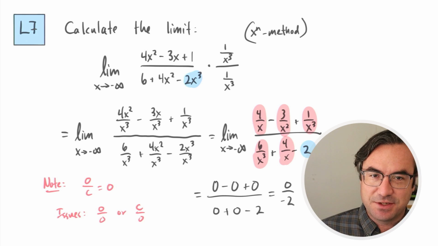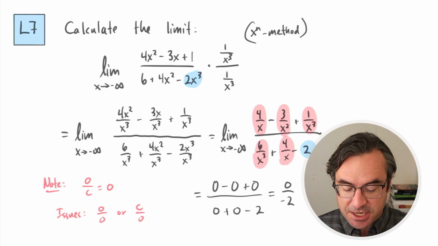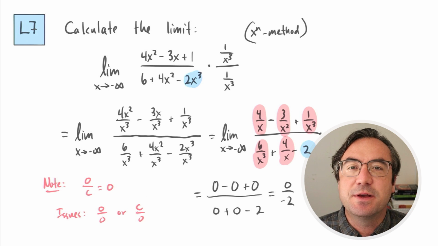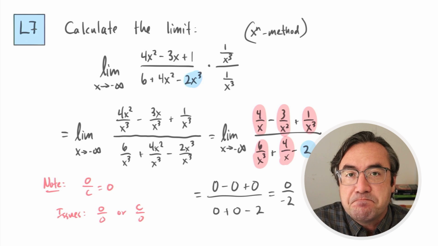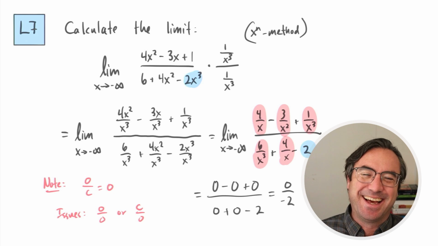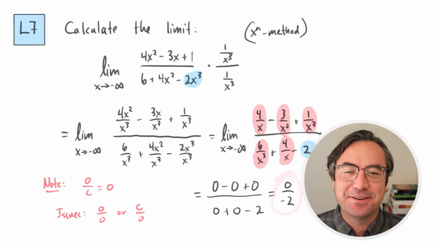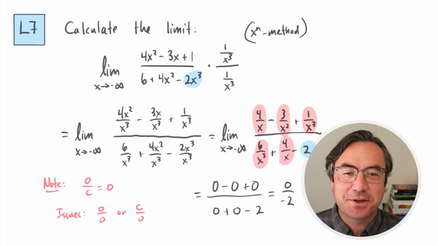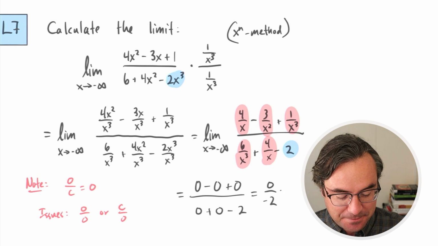We know 0 over 0 is a whole different game. C over 0, if that's our limit, then it's either plus or minus infinity. But 0 over c is a perfectly good number. So 0 over negative 2 is perfectly fine. So this limit goes to 0, ultimately.